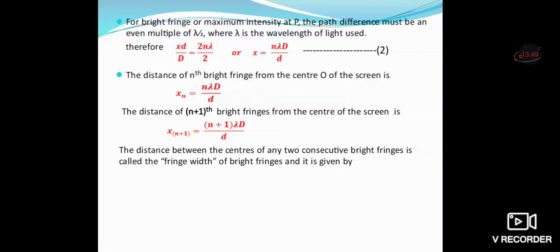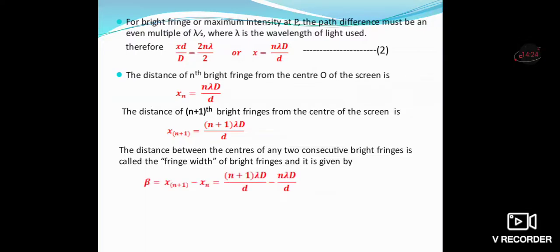Here also the same: the distance between the centers of any two consecutive bright fringes is called the fringe width of the bright fringes.